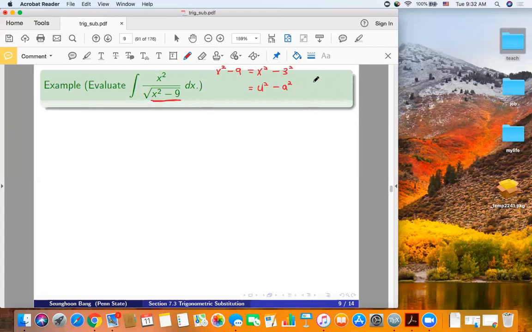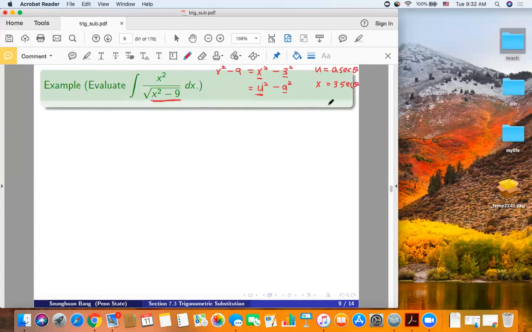Do you remember? In this case, u is a times secant theta. Here u is x, so a is 3. So we have x equals 3 secant theta.